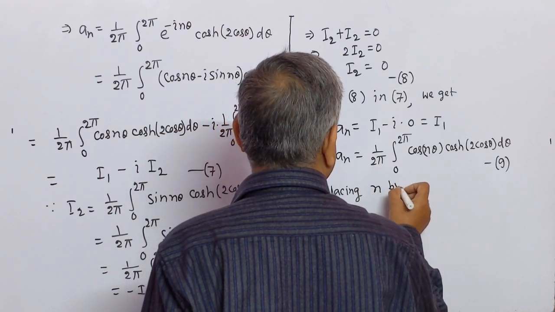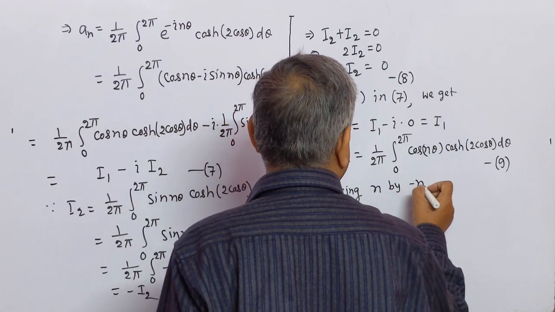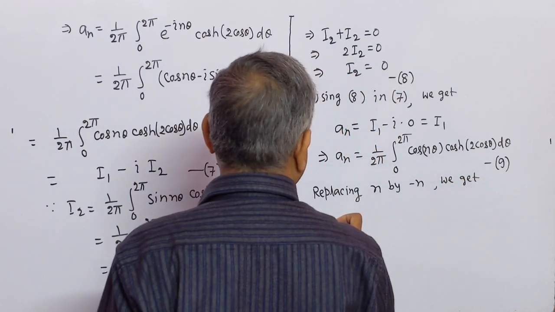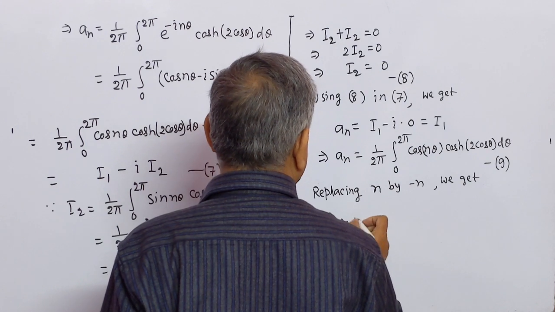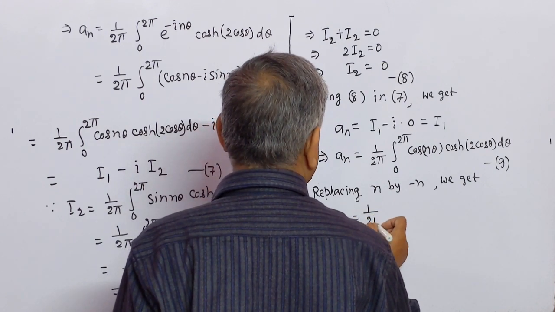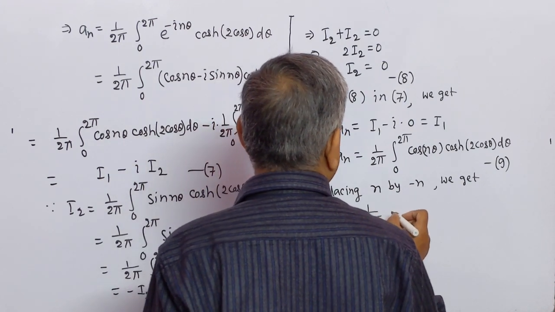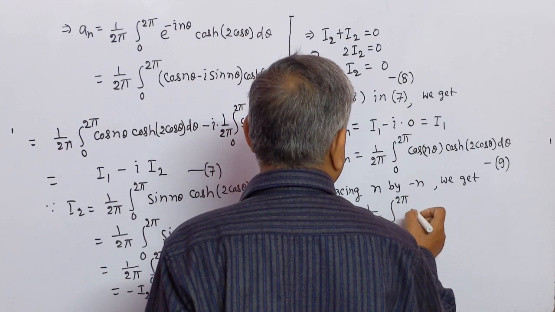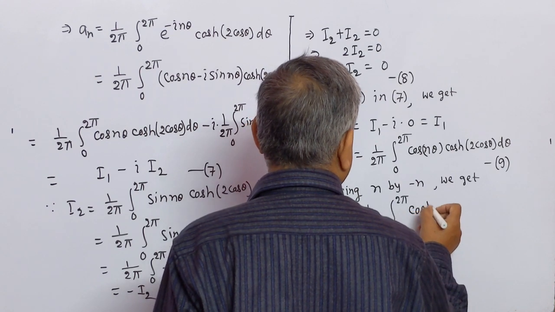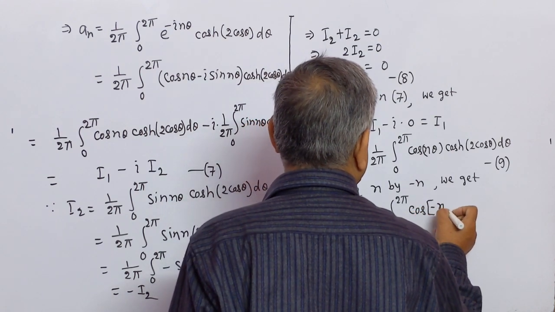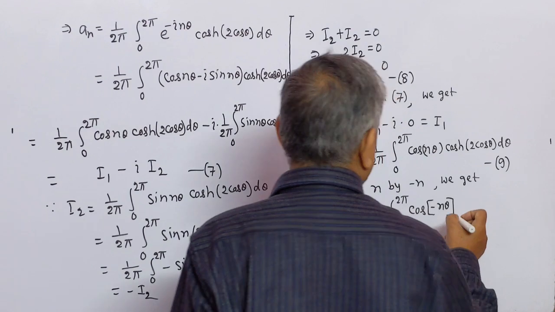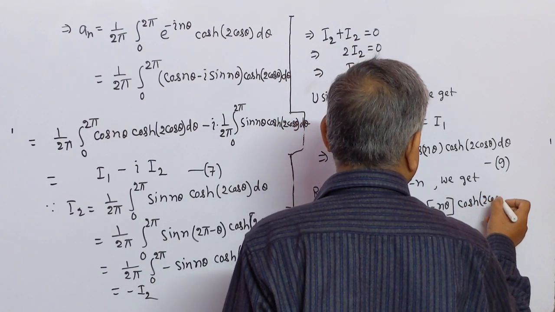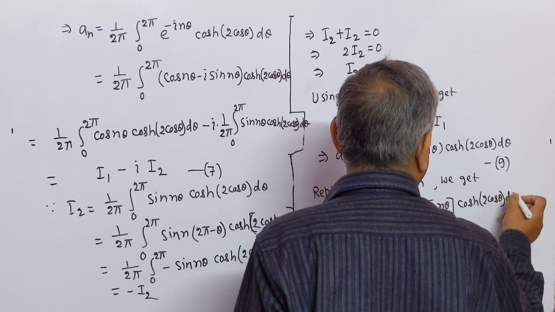Replacing n by minus n we get a minus n equal to 1 by 2 pi integration 0 to 2 pi cos(minus n theta) cosh(2 cos theta) d theta.